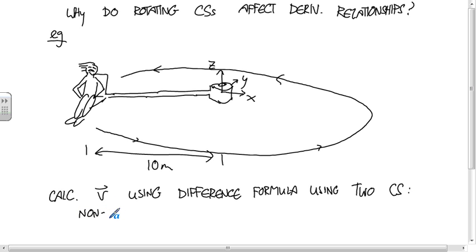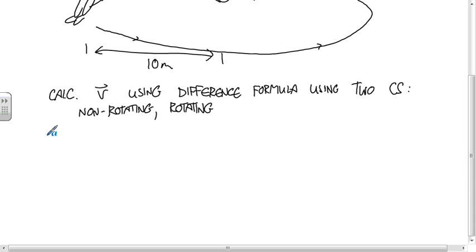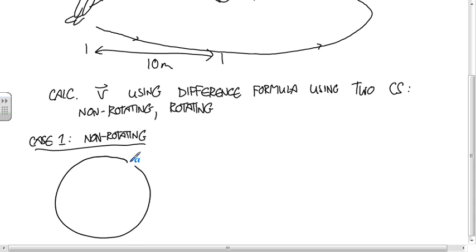One is non-rotating, and one is rotating. So first, case one, non-rotating. This is the one we're most used to. If this is a top view, let's look at two moments.